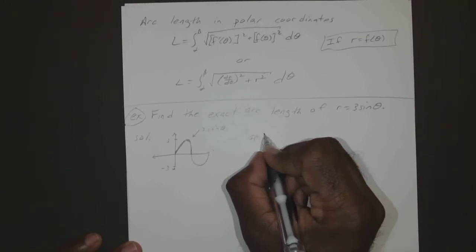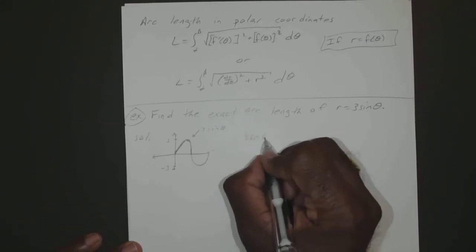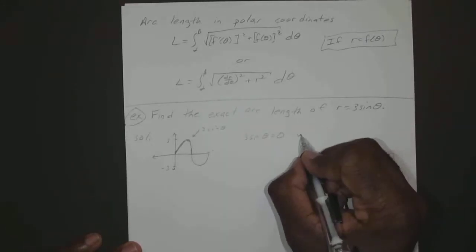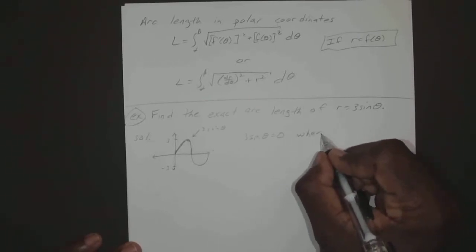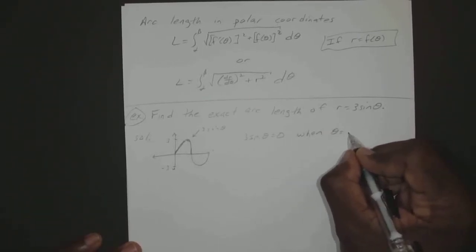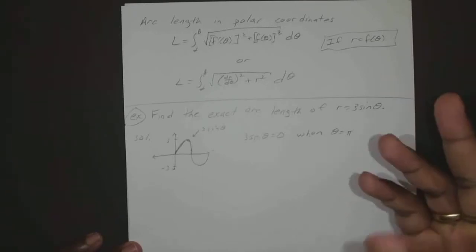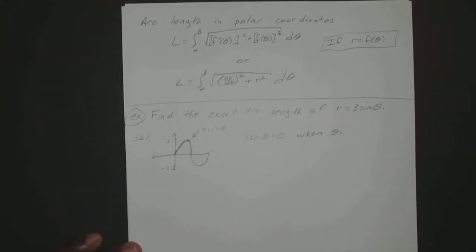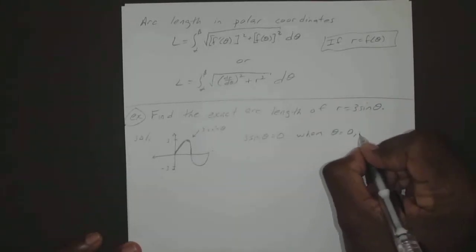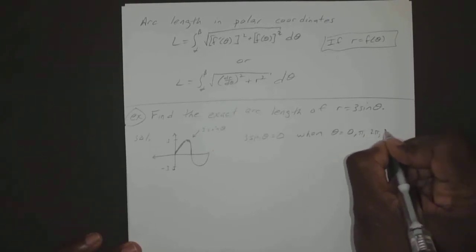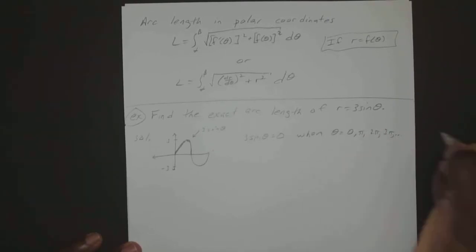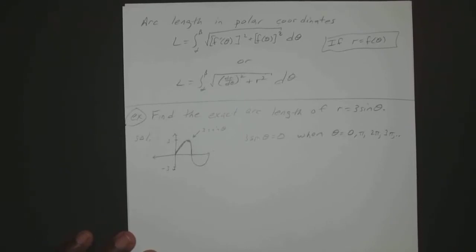So we know that 3 sine of theta equals 0 when theta equals, well, you can say 0, pi, 2 pi, 3 pi, and so forth. So really we'll just find it between 0 and pi. That's really all we need.